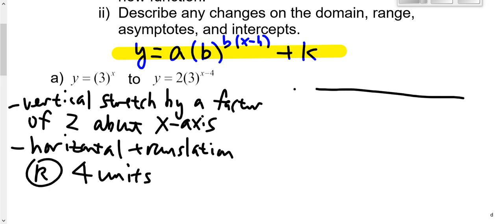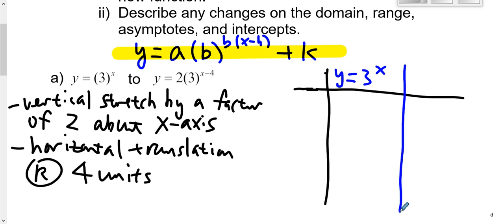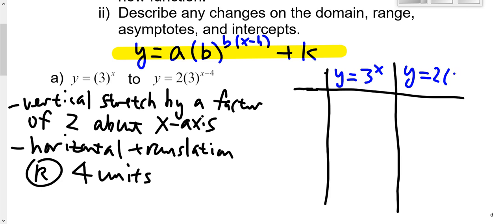So let's talk about this one here. y equals 3 raised to the power of x, and then another one is the new one, y equals 2 times 3 raised to the power of x minus 4.